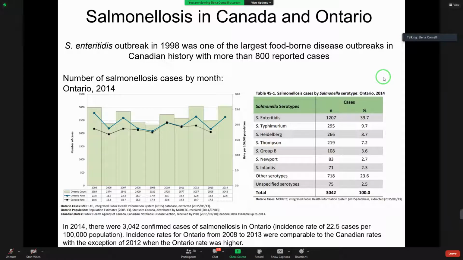So it was really one of the largest outbreaks in the history of Canada. As you can see from the table here, of all the serotypes of Salmonella that can cause salmonellosis, the most common by far is enteritidis, which is the one that causes acute gastroenteritis.